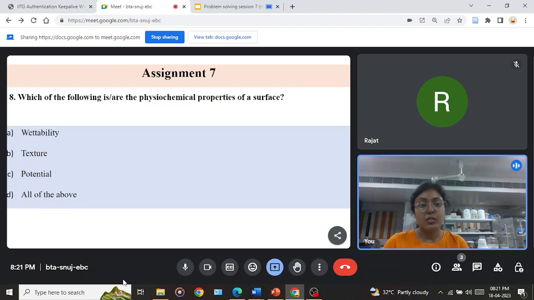So while modifying a surface, we need to determine the physiochemical properties. We need to keep in mind how the modification will alter these properties.